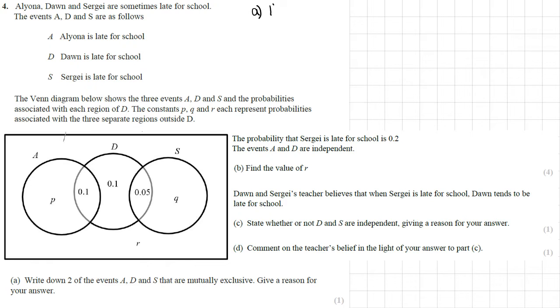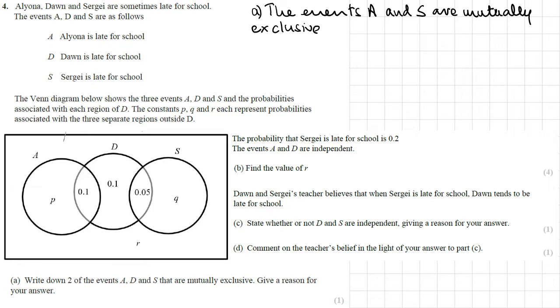So I'd write down the events A and S are mutually exclusive because they don't overlap. Or you could say that A intersect S is equal to 0. So you could say that instead, that their intersect is equal to 0.